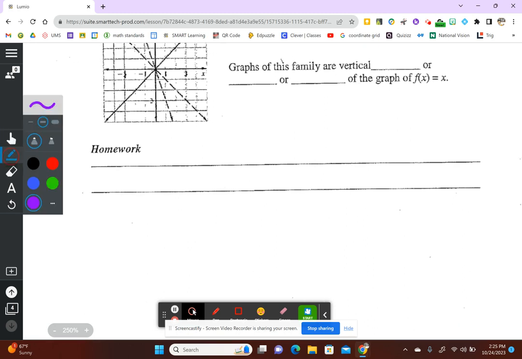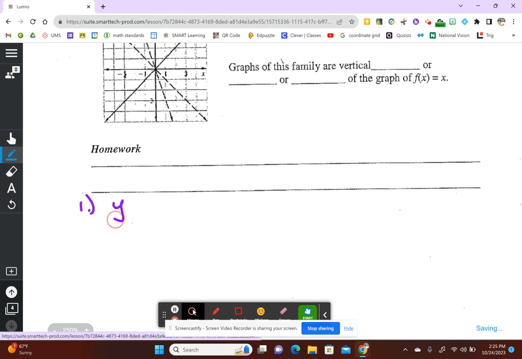So now, here I'm just going to give you a few examples, and I want you just to think. You can add these to the bottom of the page if you want, or you can just do them mentally. So I'm going to give you 3 equations, and you're going to tell me what type of transformation is occurring. So number 1, y equals 2x minus 5. Now, you all know how to graph that, but you probably never thought, how is it transforming from the parent linear function?